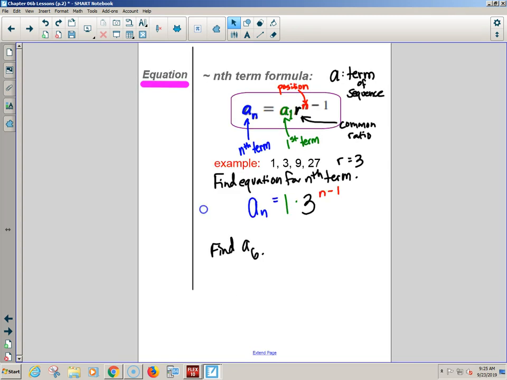So if I were to finish the second part of homework in these problems, find A sub 6, I'm saying what position am I looking for? 6. So I'm going to take my formula and say to find A sub 6, I keep everything the same except instead of an n, I say I know what position you want. You want the 6th one.